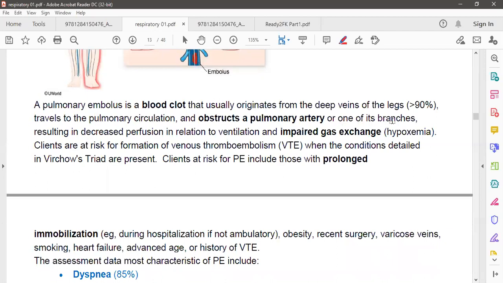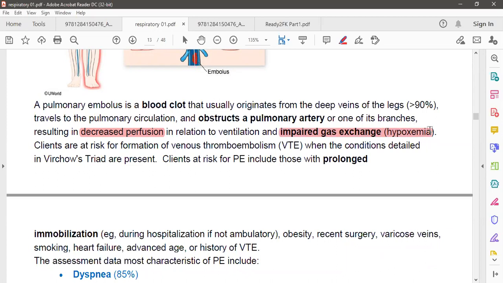Because inside the lungs, as in the brain, the microcirculation is there, it results in decreased perfusion in relation to ventilation and impaired gas exchange, which develops hypoxemia.